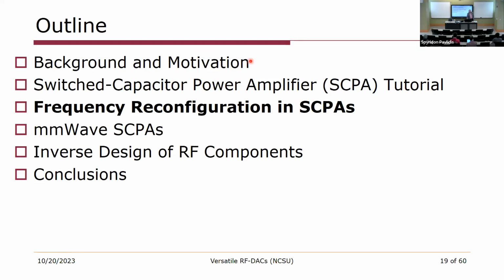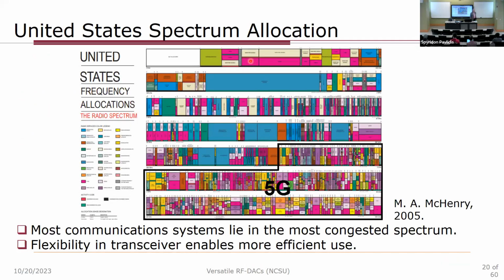All right, so knowing that, let's look at some specific examples. So first, I'm going to talk about a frequency reconfigurable SCPA. So this slide shows the US spectrum allocation and where our communication bands lie for 5G are really all in this extremely crowded spectrum down in the bottom of the figure.